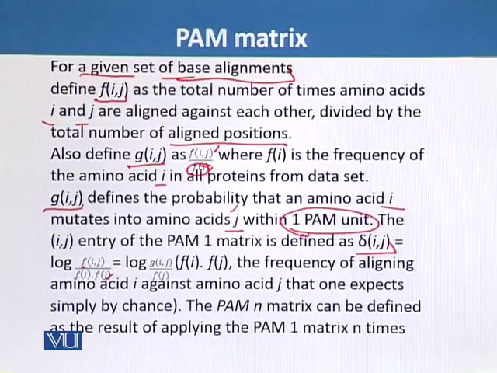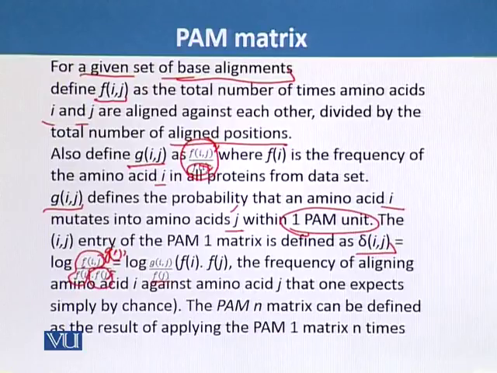In this case, we have replaced Fij divided by Fi with Gij, so we are left with Gij divided by Fj.